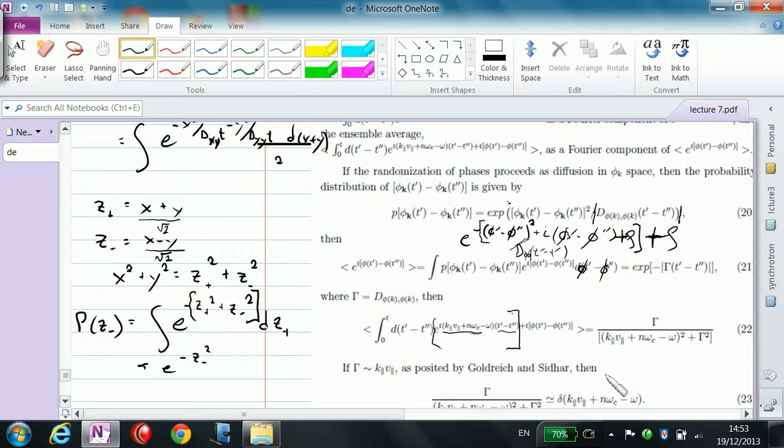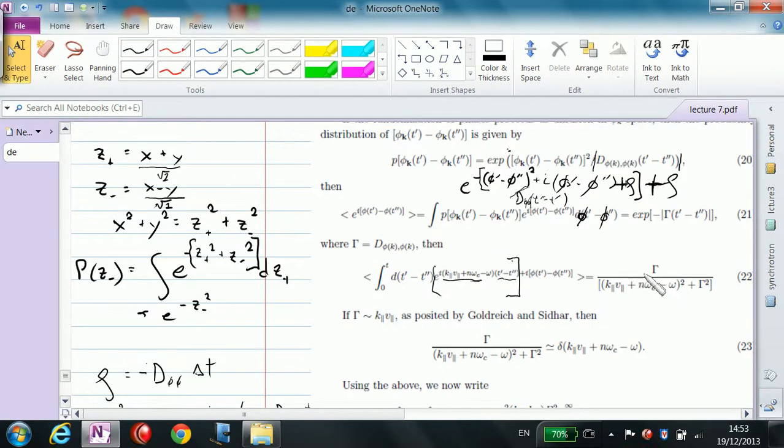So this is just a Fourier transform of this function, and the Fourier transform of this function is well known. It's equal to this. So now, look what we have here. We have something that's approximately a delta function. As gamma goes to 0, this is a delta function in this quantity here.